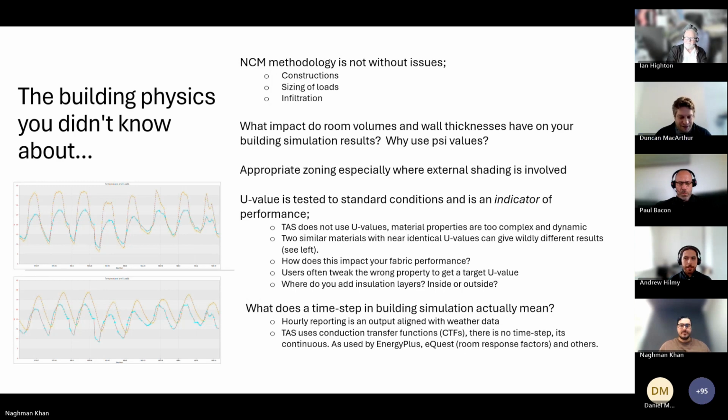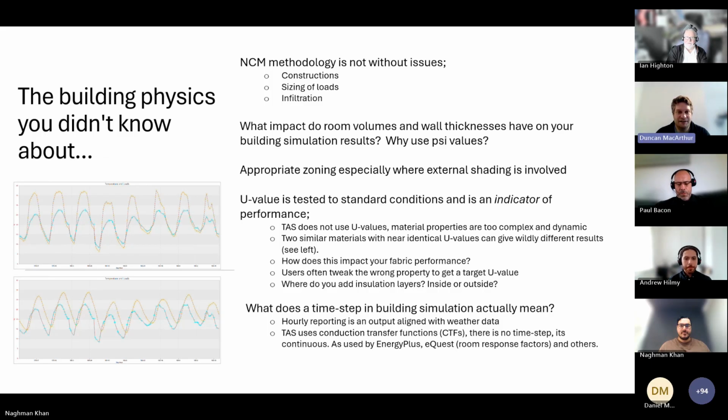Also the flow rates for fans, it won't model things like the turn down of fans for a VAV system compared to a CAV system. But all of these things you can model outside of Part L and get a more realistic result.